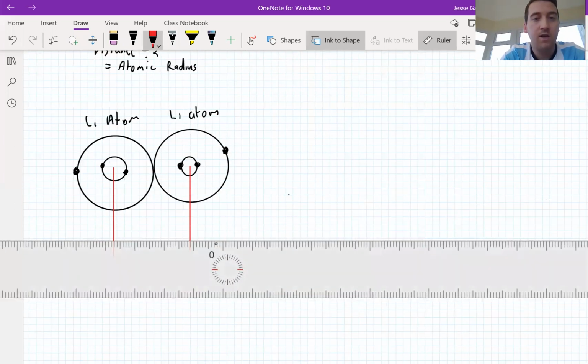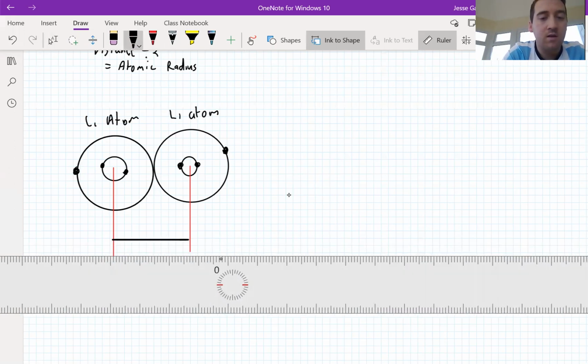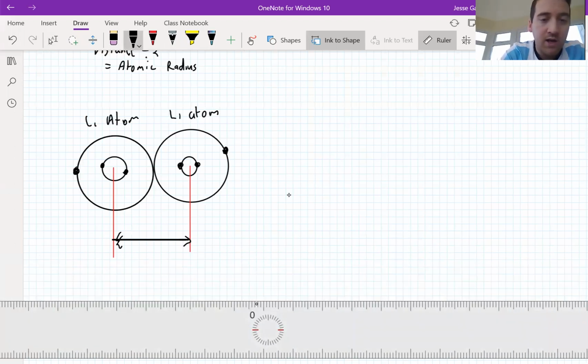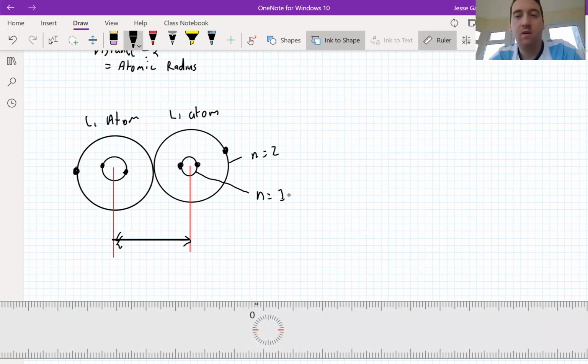From here to here would be the atomic radius of lithium. Now, of course, there are 2 energy levels here. This one here is n equals 1, and this one here is n equals 2. Lithium only has electrons in n equals 1 and n equals 2 because it's only got 3 electrons.